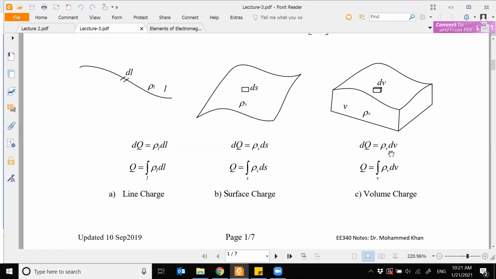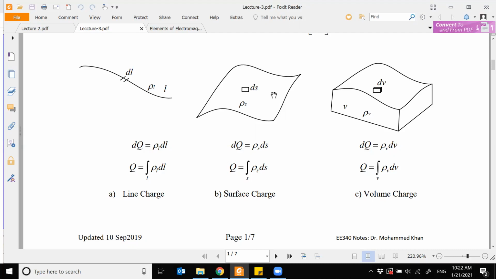So these are the different kinds of distributions. But guys, you can just keep one thing in mind. Can anybody tell me, the line charge and the surface charge, these are special cases of which kind of charge distribution?